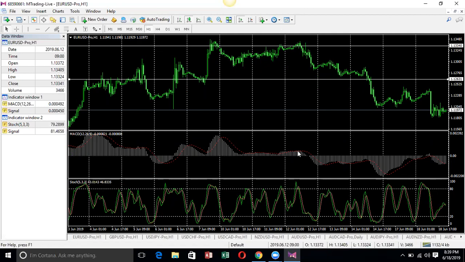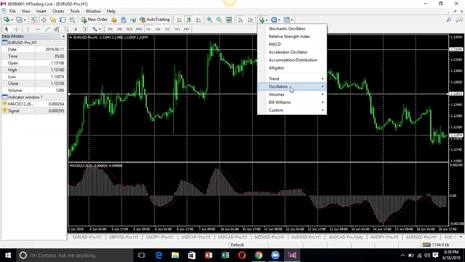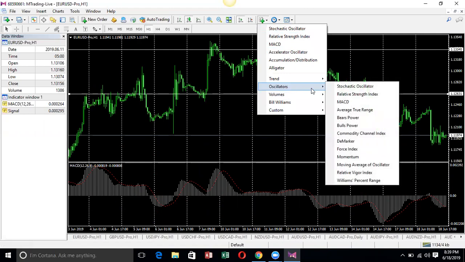Remember how I got this stochastic? Let me delete it. Go to the indicator list here. Go to oscillators. Look for stochastic oscillator. Can you see mine here? Just take your time. You will see it under your own stochastic oscillator.